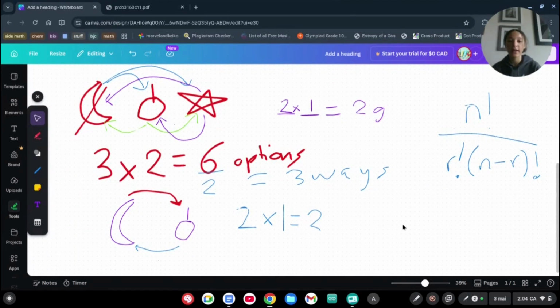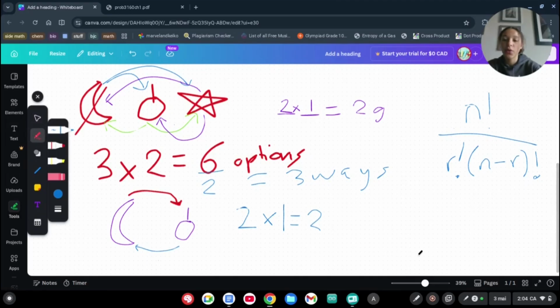It's telling us that if I have n objects, here 3 fruit, and I want to know how many ways I can make a group of r elements, how many ways can I organize these fruits into a group of 2, this will tell us.